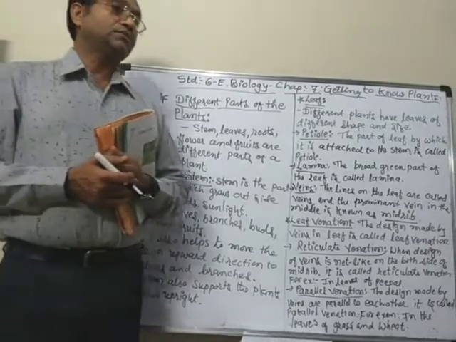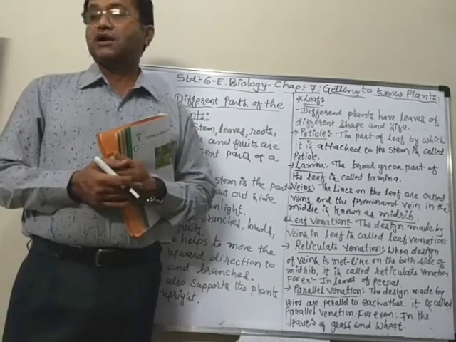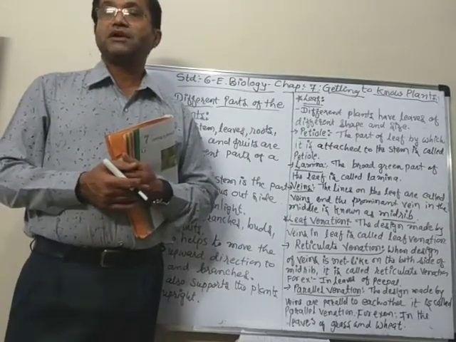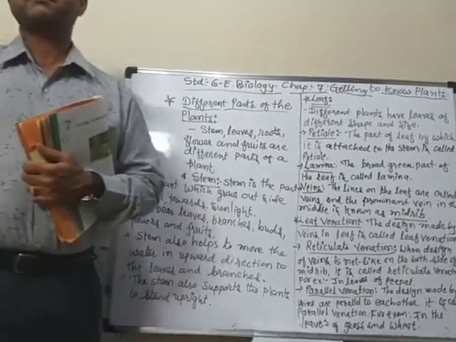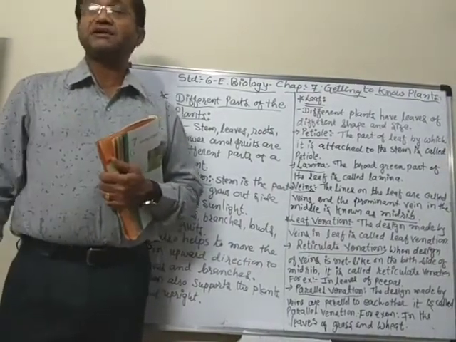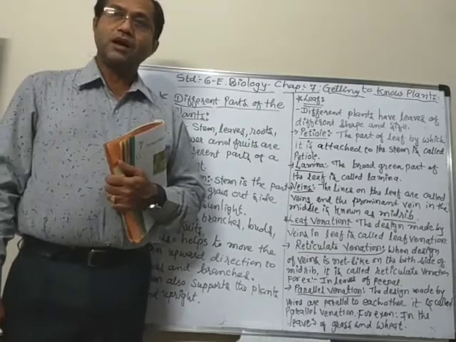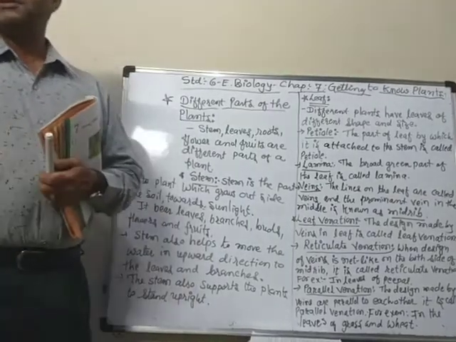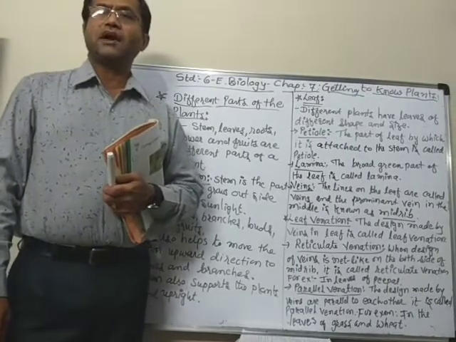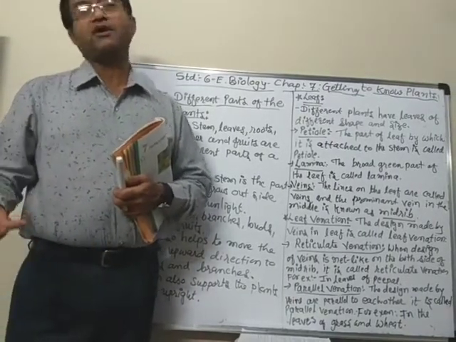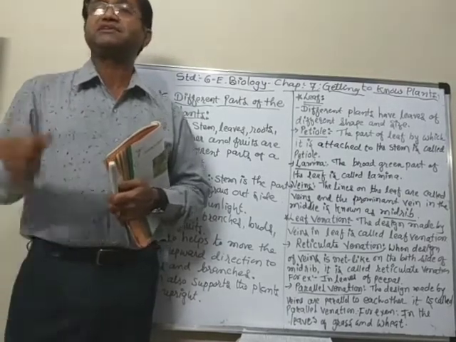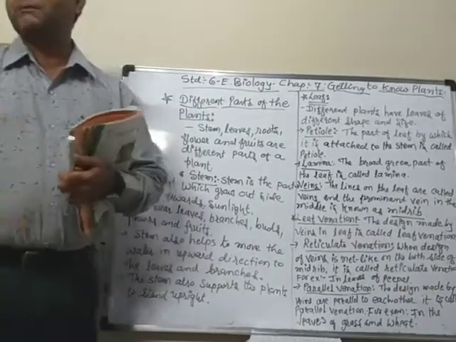Mostly, plants can be classified in three categories: herbs, shrubs and trees. The herbs, as we talked, are very short and may or may not have branches, and their stem is very soft or tender, so you can bend it also.